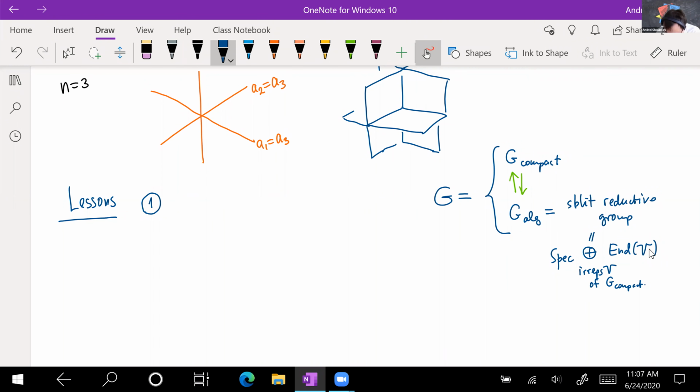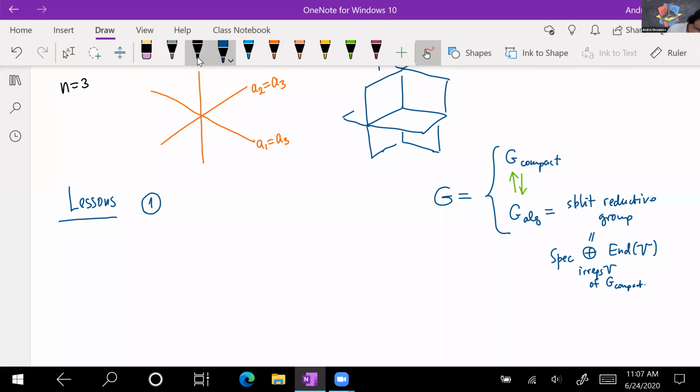But if you take just the matrix elements of finite-dimensional representations, they form a finitely generated algebra, and that algebra is the functions on this split reductive group. That's one way to go back and forth.